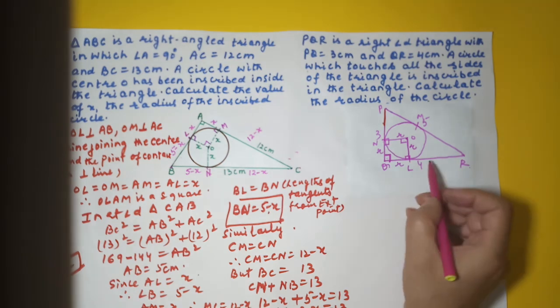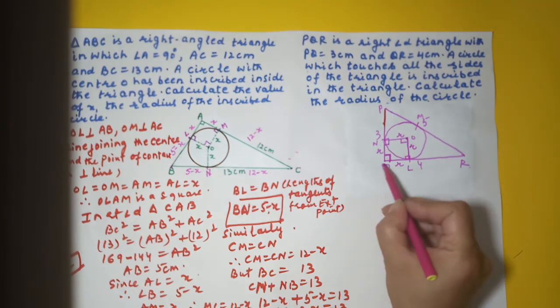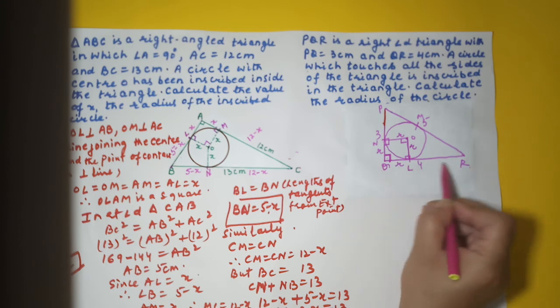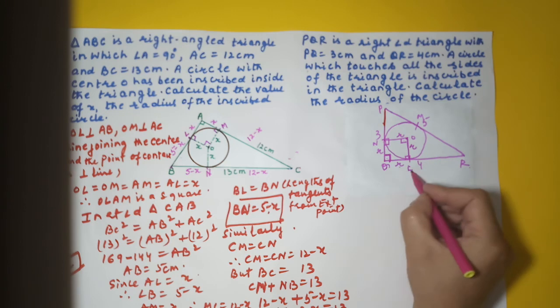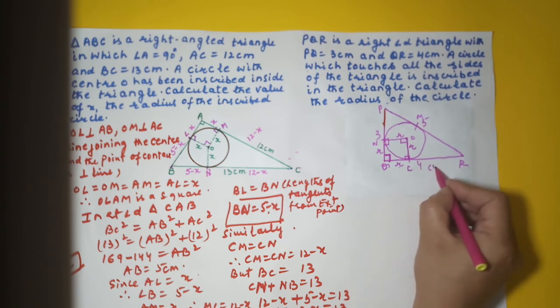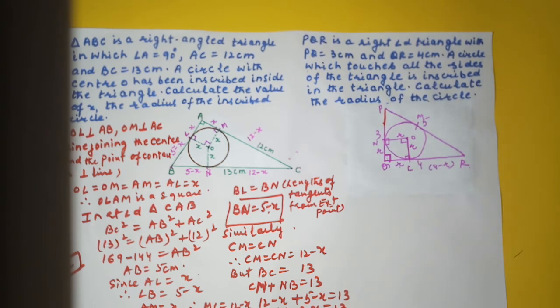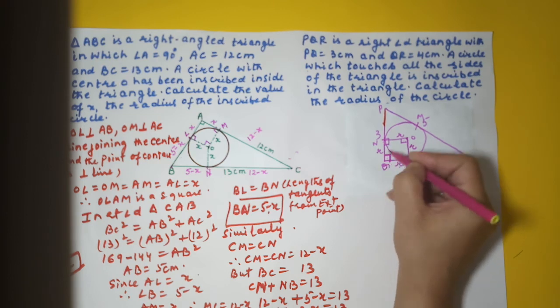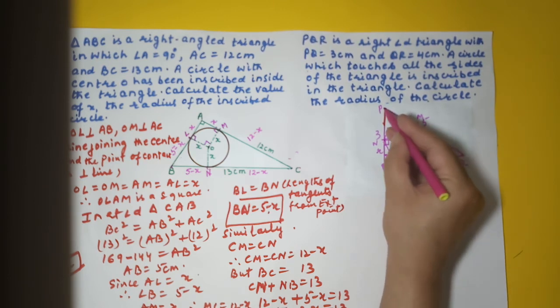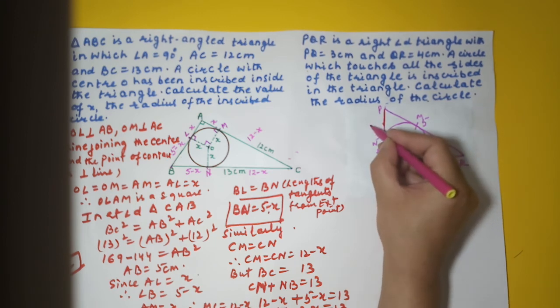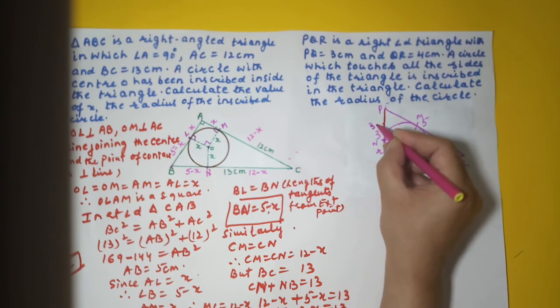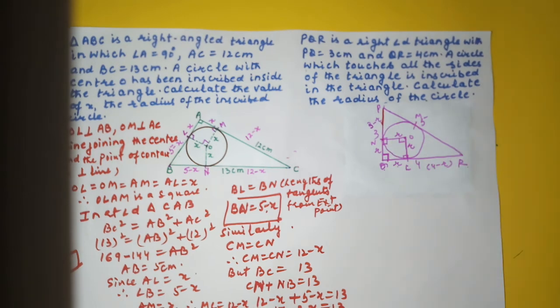Fine. Now, since we know that total length of QR is 4, and if QL is R, then LR becomes 4 minus R, right? Similarly here, if QN is R, total length PQ is 3, then PN becomes 3 minus R, right? Okay.